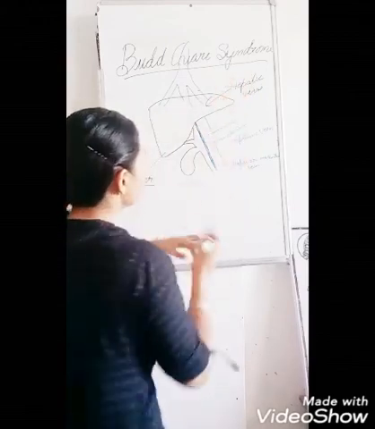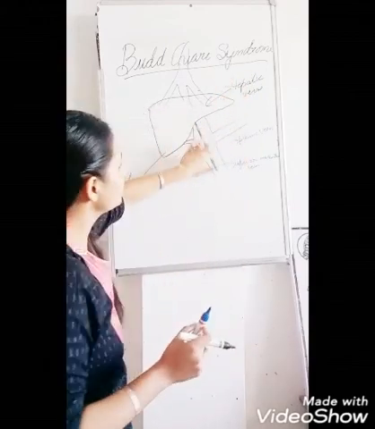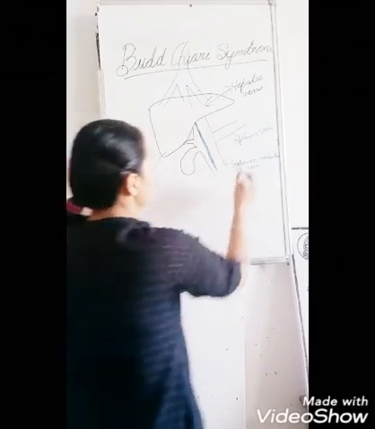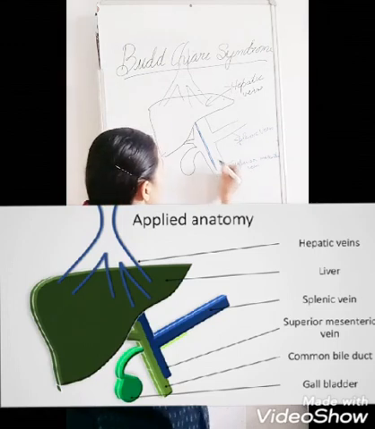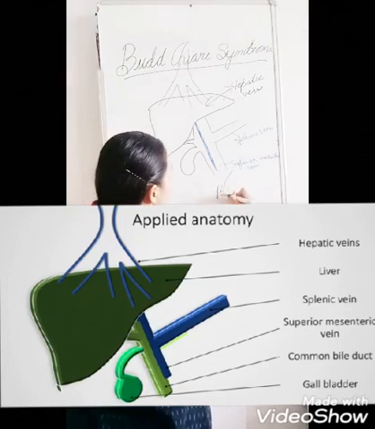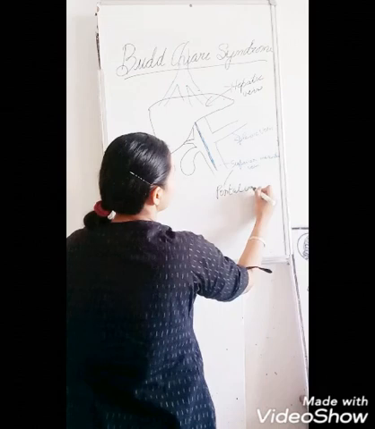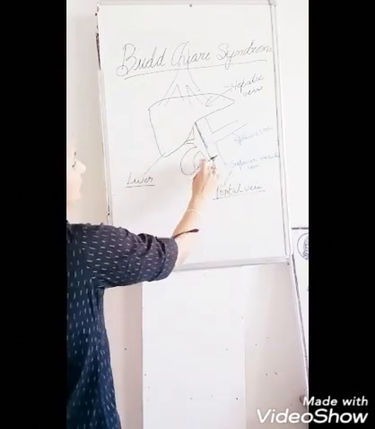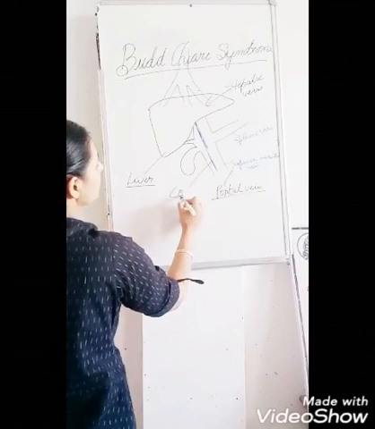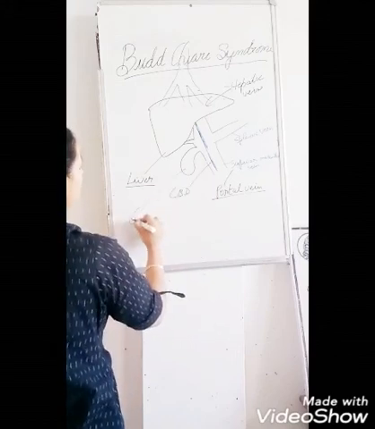This is the splenic vein and superior mesenteric vein. Both the splenic vein and superior mesenteric vein form the portal vein. So this is the portal vein. This is the common bile duct and this is the gallbladder.